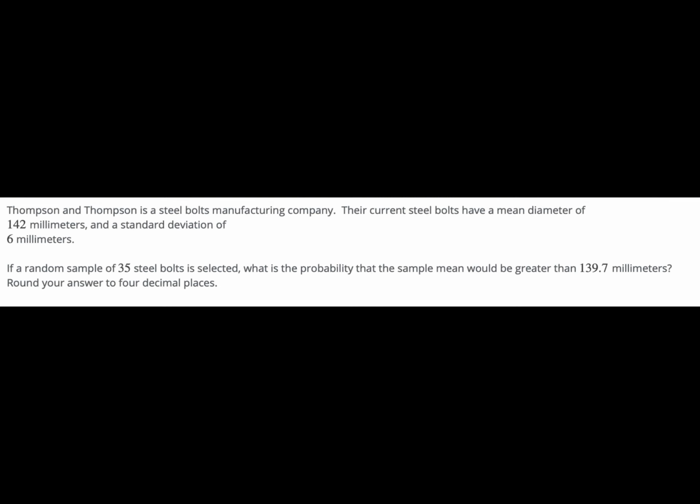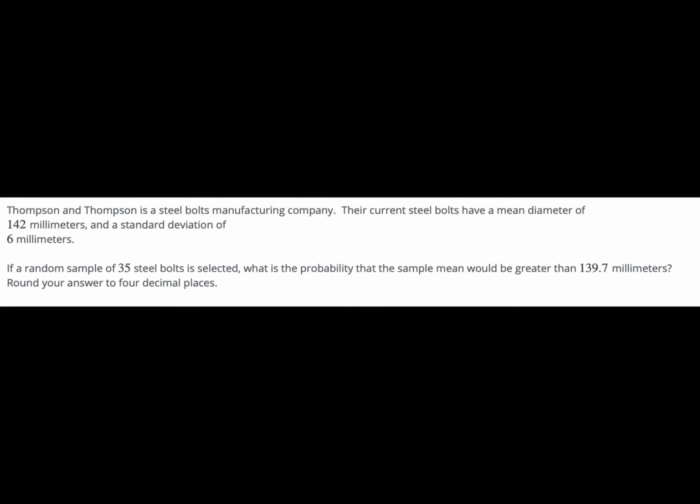Their steel bolts have a mean diameter of 142 millimeters and a standard deviation of 6 millimeters. Again, they've actually taken the same sample size here as what I had. If a random sample of 35 steel bolts is selected, what is the probability that the sample mean will be greater than 139.7 millimeters?